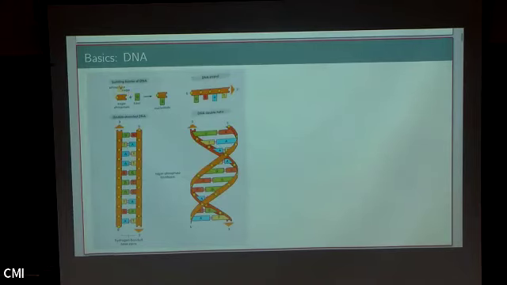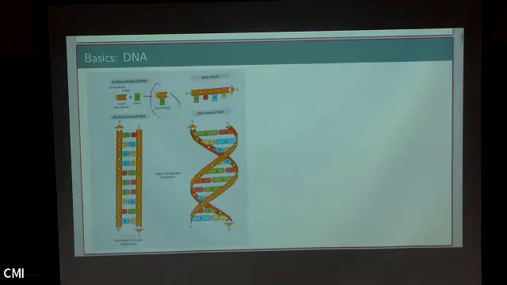You've all done high school chemistry, so these things are called bases. And there are 4 bases in DNA: A, C, G, and T, which are adenine, cytosine, guanine, and thymine. And these bases attach to the sugar phosphate group to form what's called a nucleotide. And the nucleotides polymerize. That means that they can stack on top of each other.